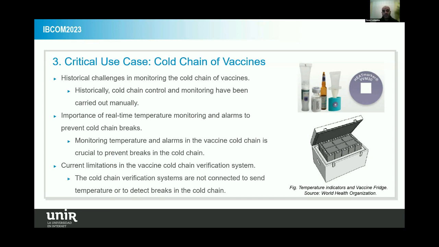This manual process made it impossible to verify whether the cold chain had been broken until the vaccines arrived at the health center, vaccination center or hospital, without having the possibility of checking the temperature recorded through the entire chain.